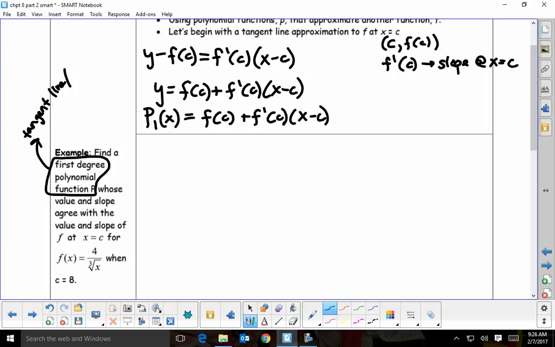Okay, so the local linearization. Okay, so now we just have another word for a tangent line. It is the first degree Taylor polynomial here. So it says find that whose value and slope agree with the value and slope of f at x equals c for this function when c is 8.